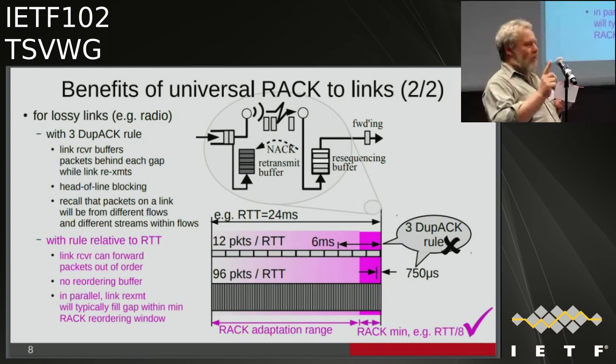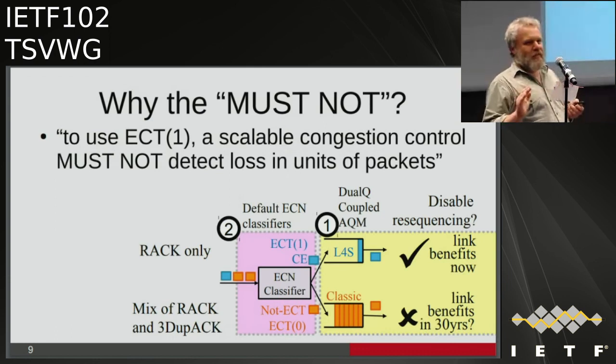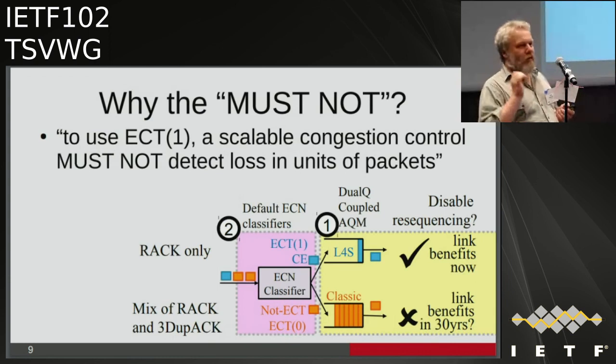And finally, Gori, one more on this. So why are we making this a must? To use ECN, a scalable congestion control must not detect loss in units of packets. Why are we disallowing this completely? And it's because unless you disallow it completely, you can't get the benefit of it, because you've still got to support all the flows that might not be doing it.